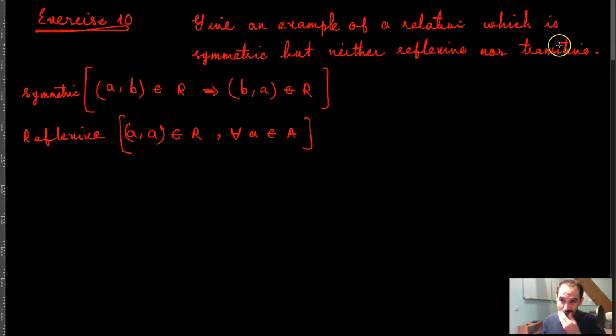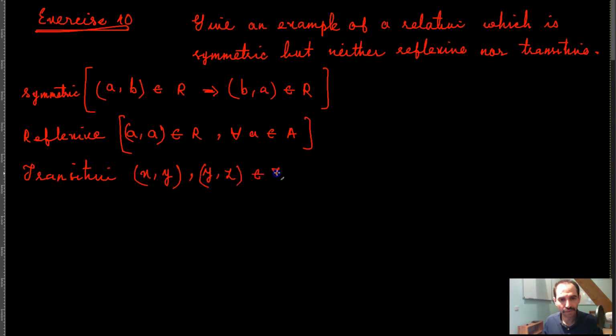And you don't want it to be transitive. The condition for transitive is, as you know, that if, let's say, some (x, y) and some (y, z) belong to R, that has to imply that (x, z) also belongs to R. So if you don't want the relation to be transitive, then this shouldn't be the case either.